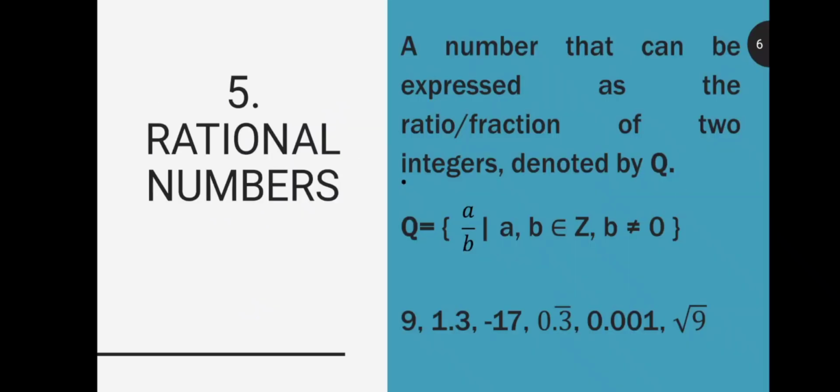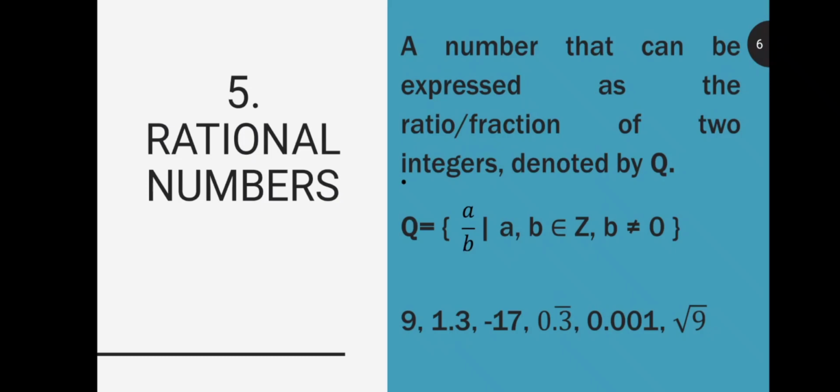The fifth is the rational numbers. As the name implies, rational includes the word ratio. So, this is the set of numbers that can be expressed as the ratio or fraction of two integers and is denoted by Q. And the set of rational numbers is A over B, such that A and B are elements of the integers and B is not equal to 0.